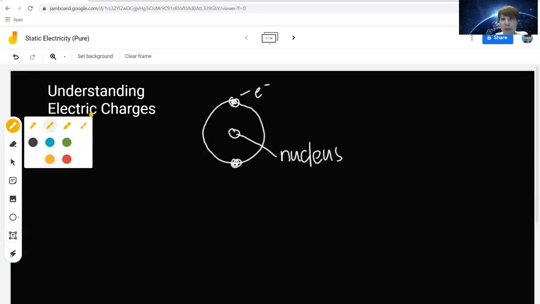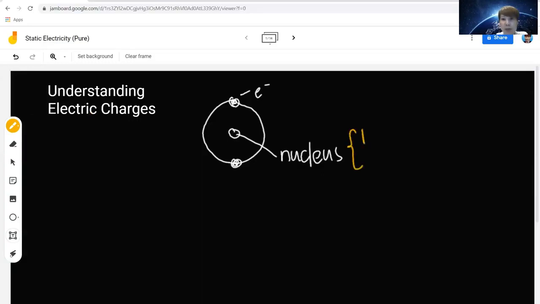So the nucleus houses the protons and the neutrons. Bear in mind that the protons and neutrons are actually very safe in the nucleus. There is no way for us to remove or add on to the protons and neutrons. So really, what can be removed or added are the electrons on the outer shell.